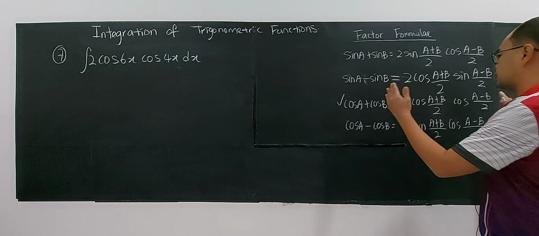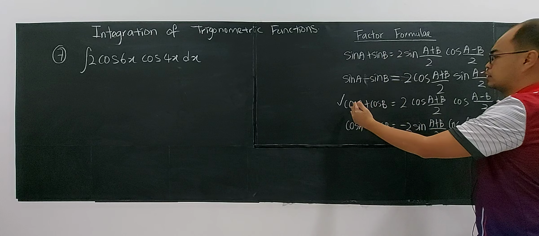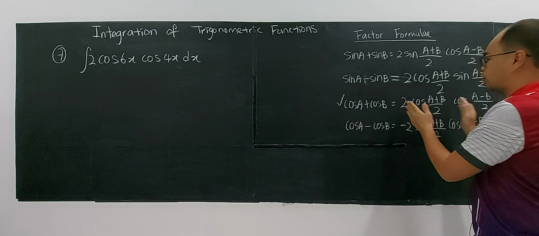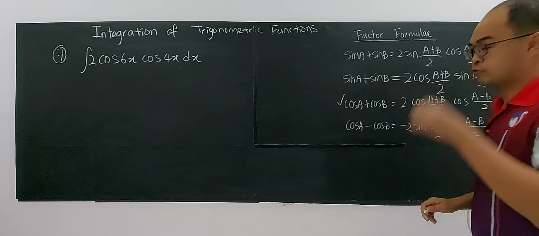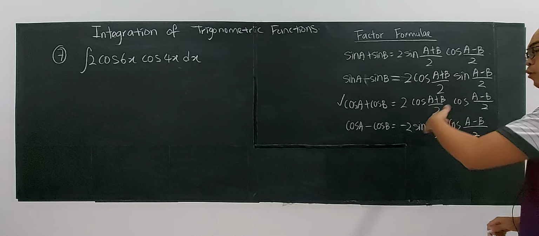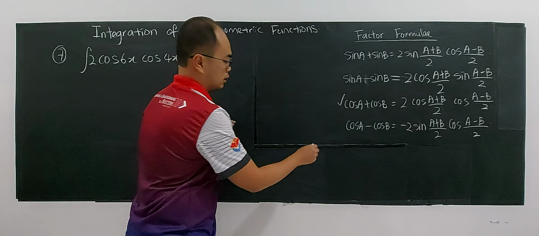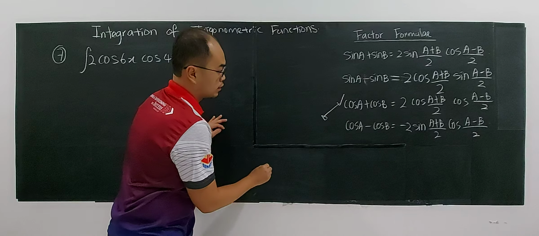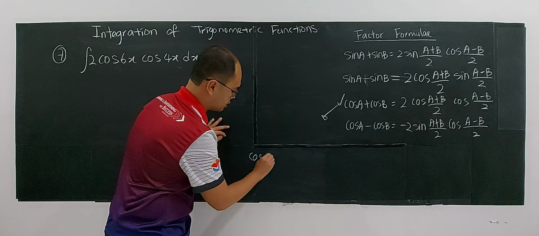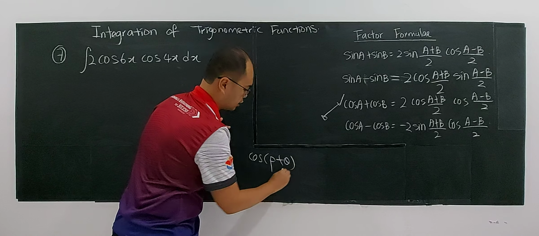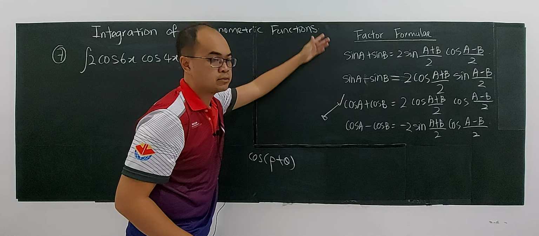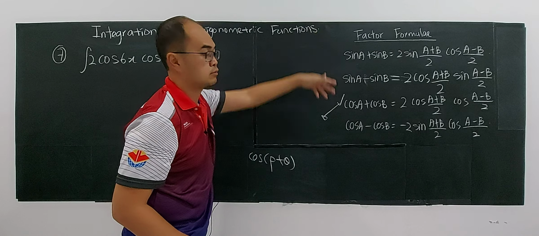Immediately after I know that this is my factor formula, I want to convert from the product form to the addition form. So I have to apply another formula where I modify this formula such that the A is P plus Q. Please refer to the video that I'm talking about this factor formula.